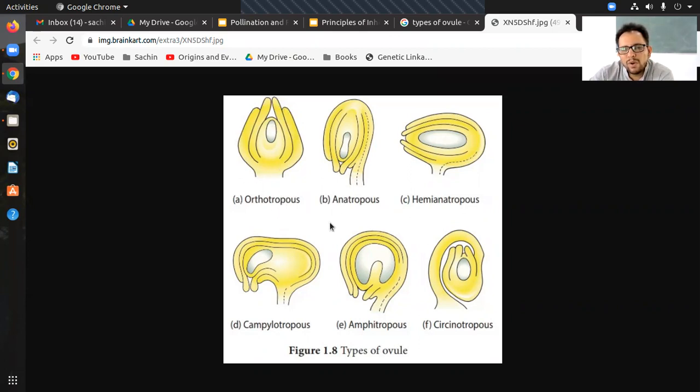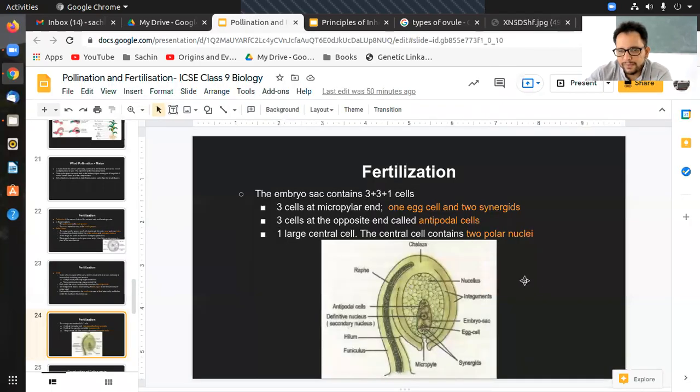But when this is moved upside down, that becomes anatropous. When it is on the side, it becomes hemianatropous, and so on. We need not go into these details, but I just wanted to show you this type of ovule that we just saw.